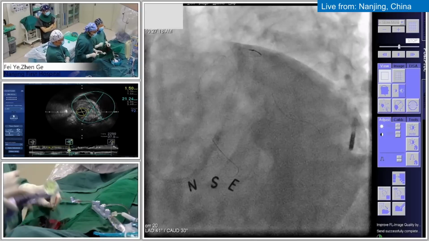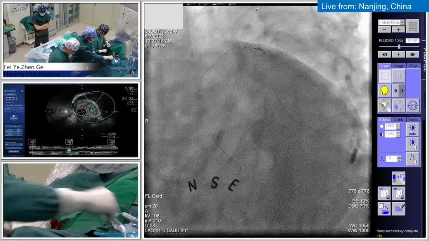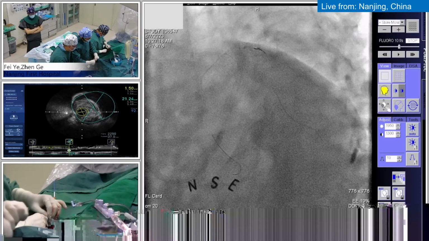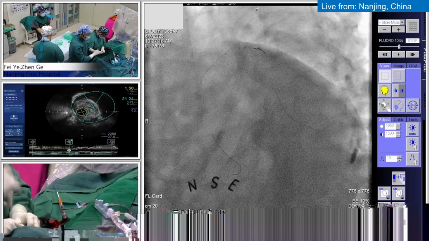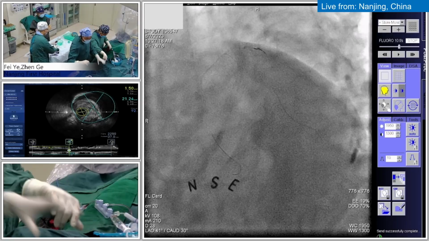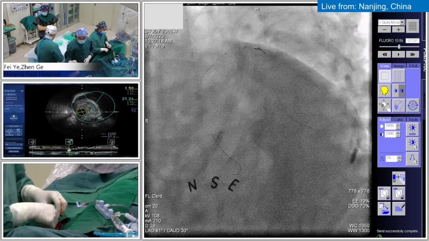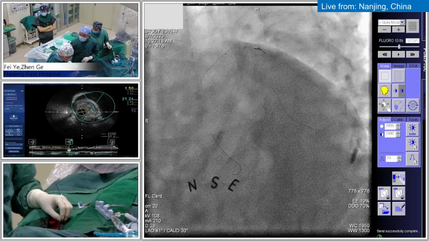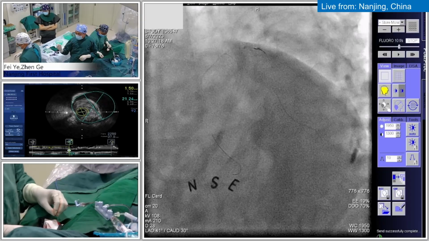Okay, 3.5 non-compliant balloon. 3.5 NC.